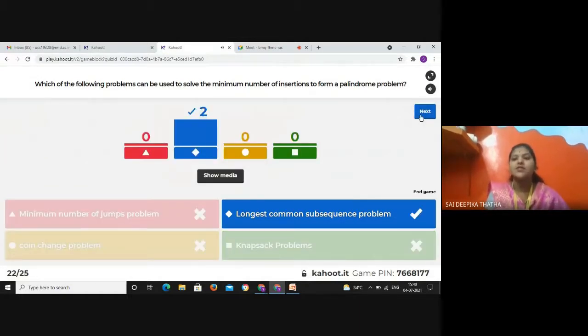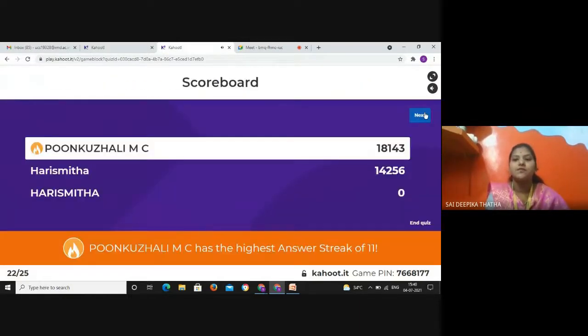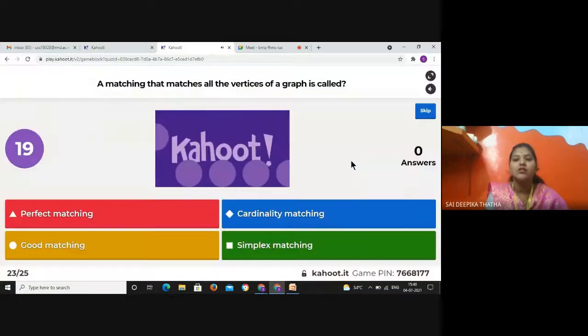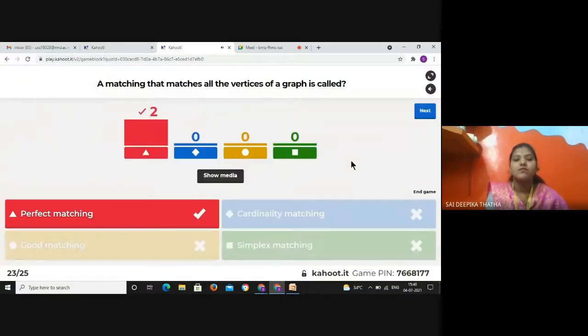Longest common subsequence problem. Right. Next, 23rd question. A matching that matches all the vertices of a graph is called? Perfect matching. Correct.